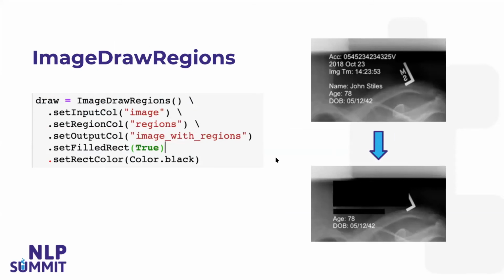And for the de-identification of images, we can use the image draw regions transformer to hide sensitive text. We can specify text, or we can specify the color of the rectangle which will be used.